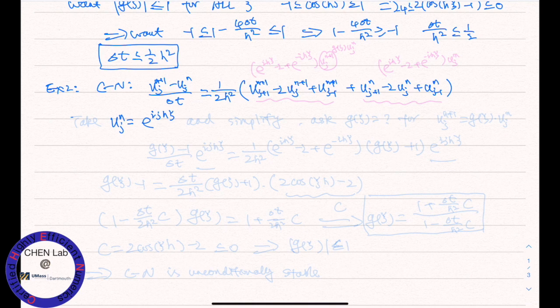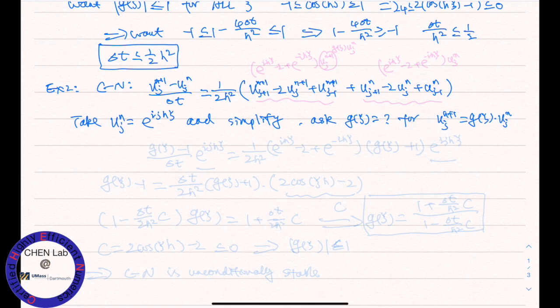And you take this and simplify, and then ask, G(ξ) is equal to what, for u_j^{n+1} equal to G(ξ) times u_j^n? So this is easy.